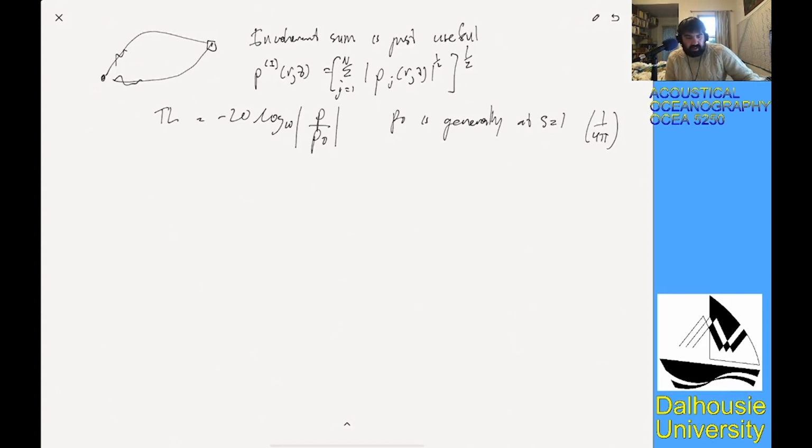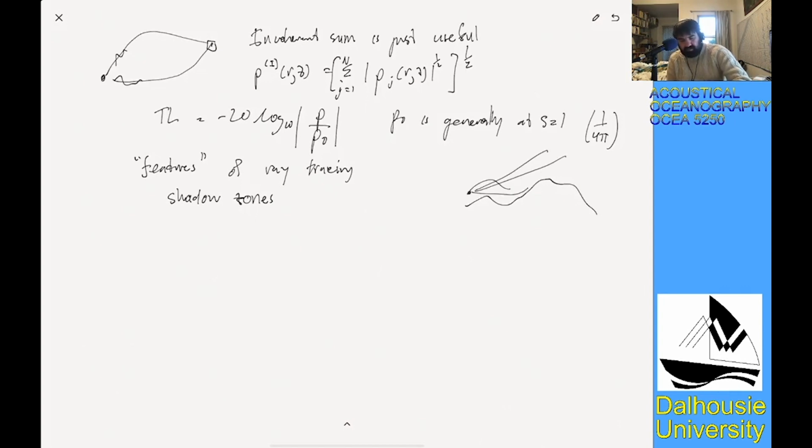A few features of ray tracing. You get shadow zones. So, if you have some harsh bathymetry, imagine that you can get totally dead zones where no rays can reach.